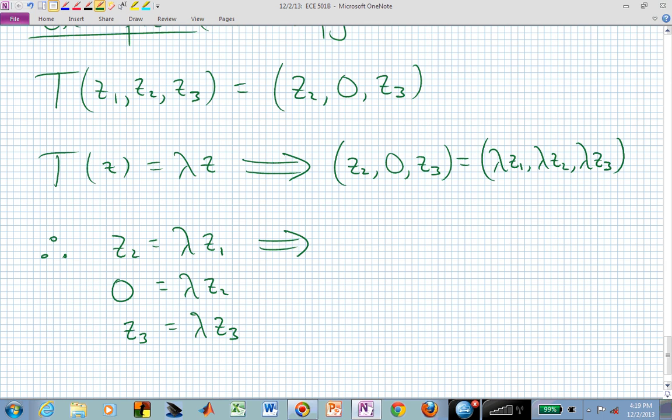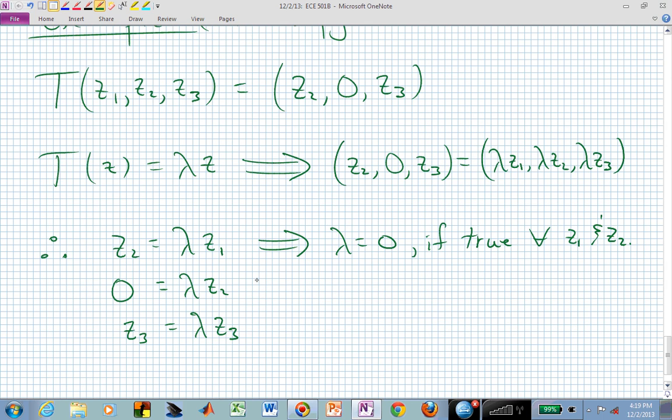It's 0, right? For any z1 and any z2, the only lambda that will cause that equality is when lambda is equal to 0. So let's say one of the eigenvalues is lambda equal to 0, if that relationship is true for all z1 and z2.